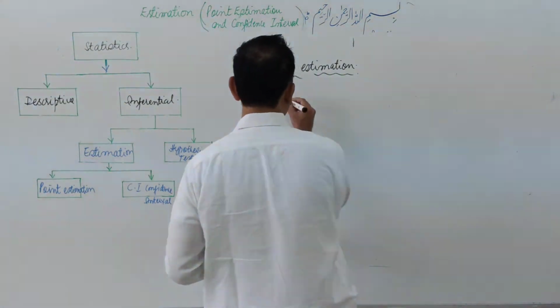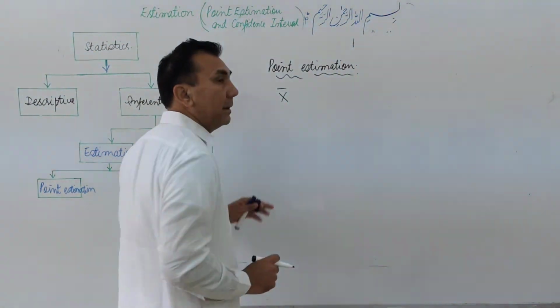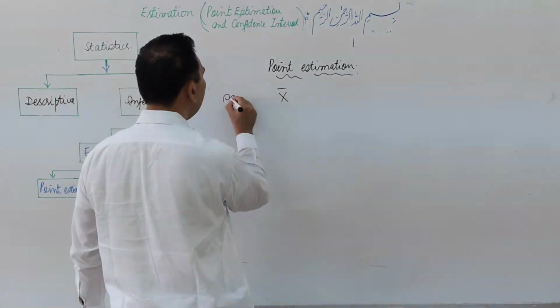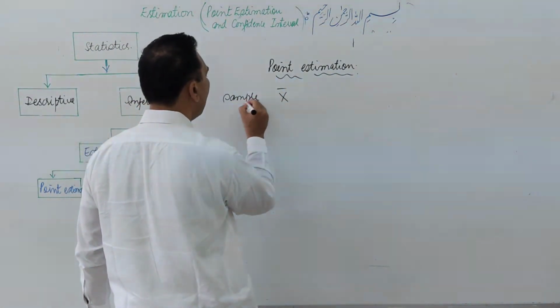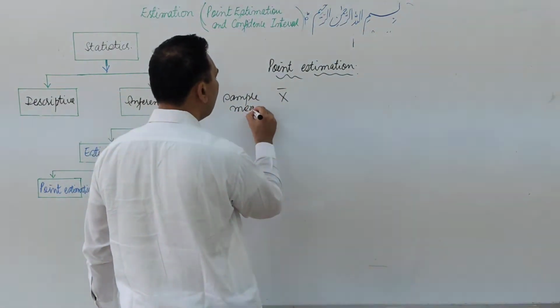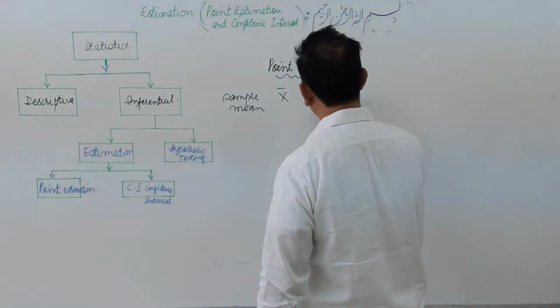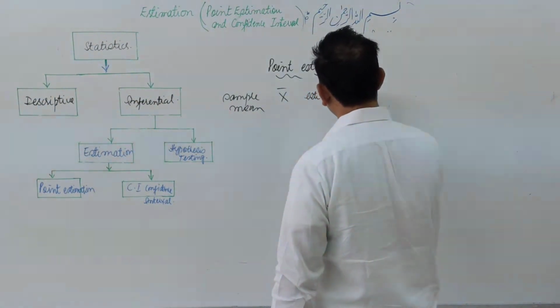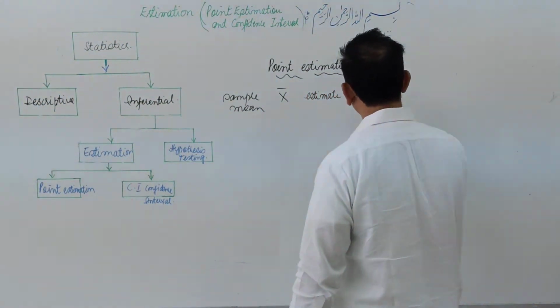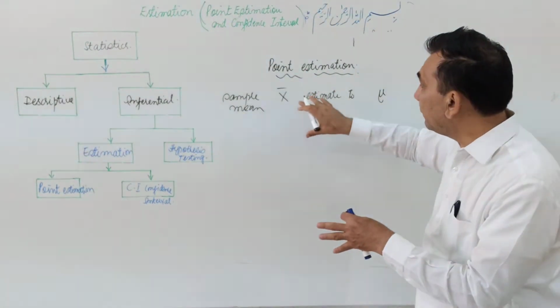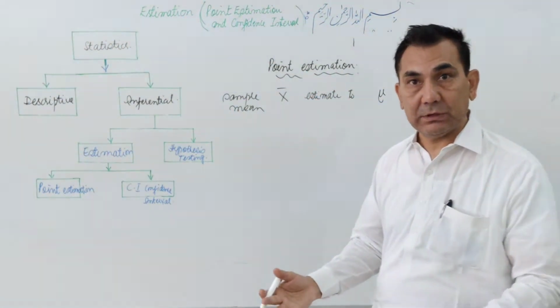So just like the X bar, the sample mean: the X bar estimates the mu. It means X bar is the point estimation which estimates the population mean.